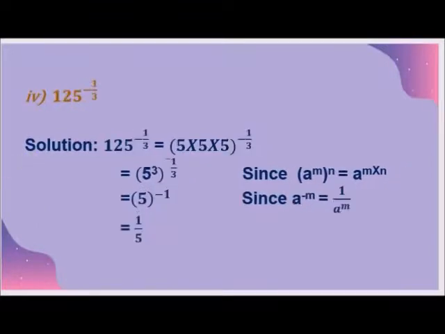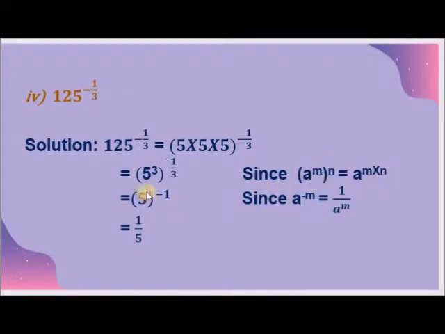Then next part is 125 raised to the power minus 1 by 3. So 125 we can write it as 5 into 5 into 5. Right. Then this we can write as 5 raised to the power 3. Then this becomes 5 raised to the power 3 to the whole power minus 1 by 3. Now we can use this law, a raised to the power m to the whole power n is equal to a raised to the power m into n.